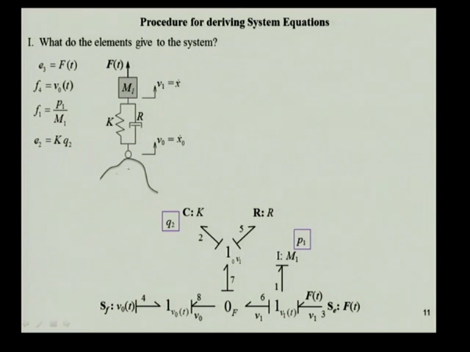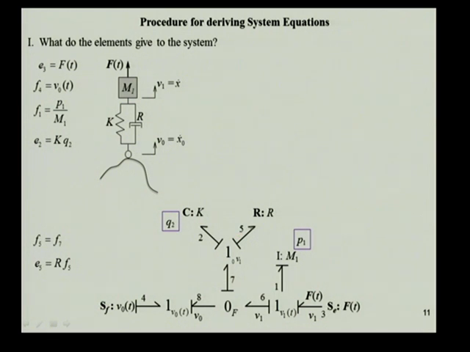Then we have this R element here. Now I have taken this a little lower down deliberately. So what does this provide? It gives an effort, and this effort is R into flow 5, if we assume that it is a linear viscous kind of damper, and flow 5 is equal to, where is this information of flow 5 coming from?